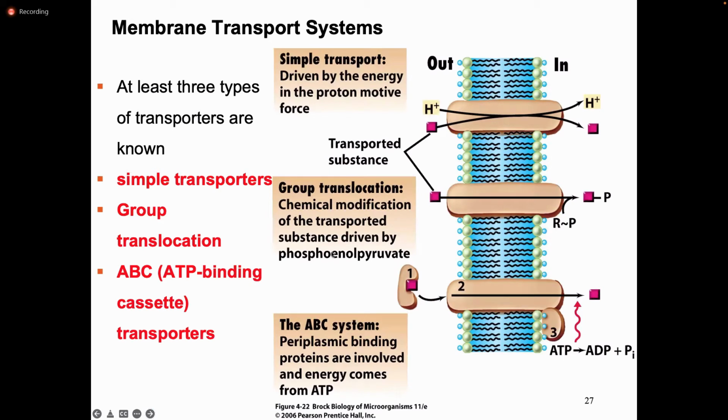have to use one energy molecule, PEP, phosphoenolpyruvate. This is a molecule in the glycolysis pathway. It has a high energy phosphate bond.